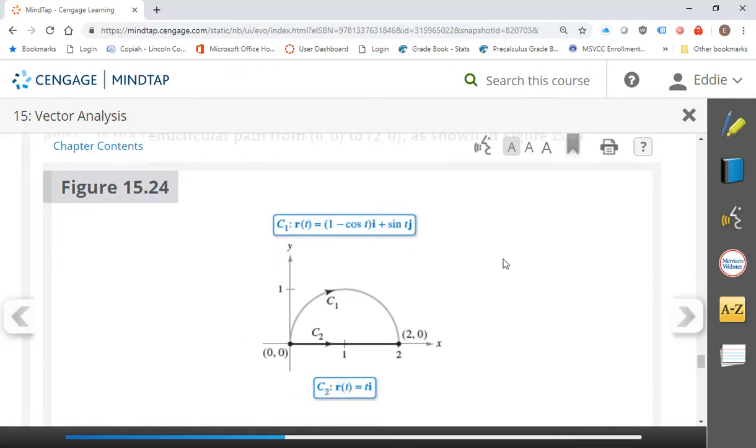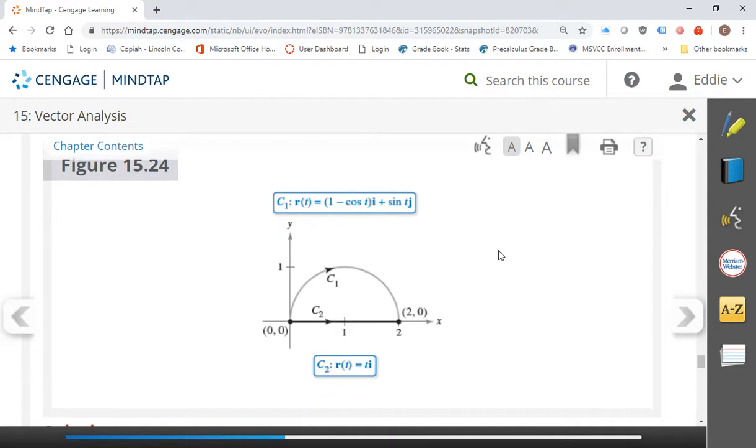However, there's another way to do this problem. Why not do the same integral with that straight line there? Look at its path. It's a straight line. It's t i.